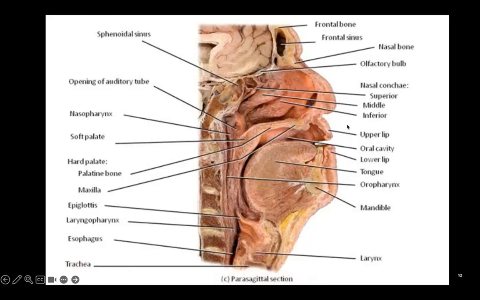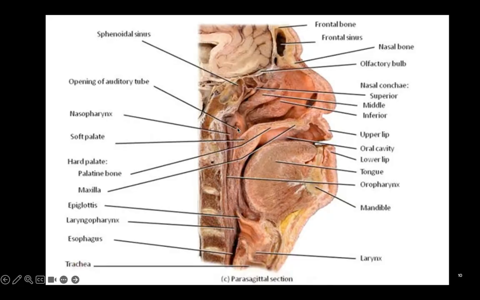We have the different portions of the oral cavity, the tongue, and finding the oral cavity helps us find that right behind it is the oropharynx, right below it is the laryngopharynx, and right above it is the nasopharynx, which is labeled.